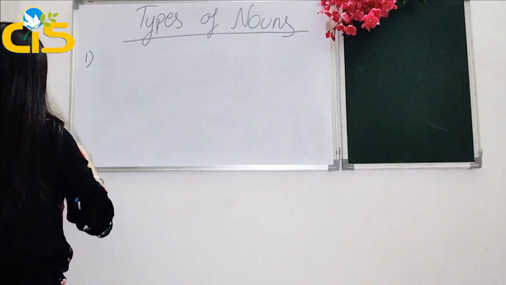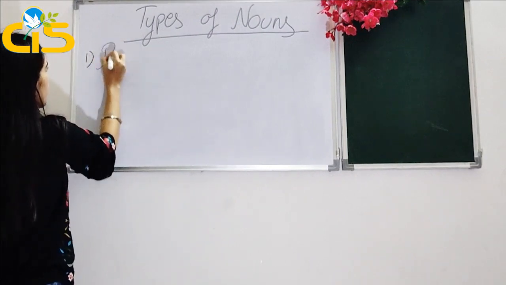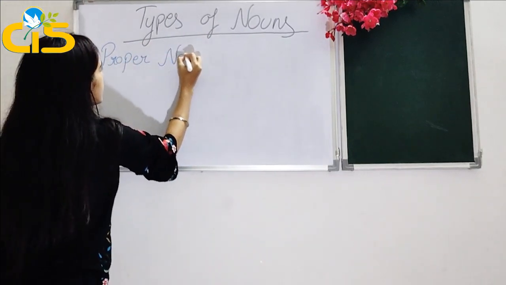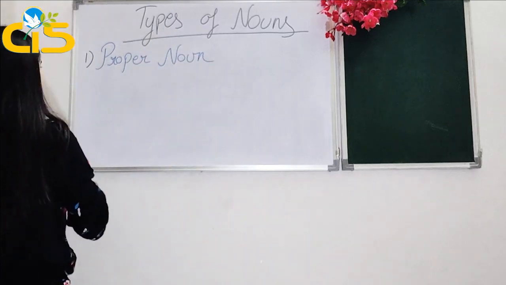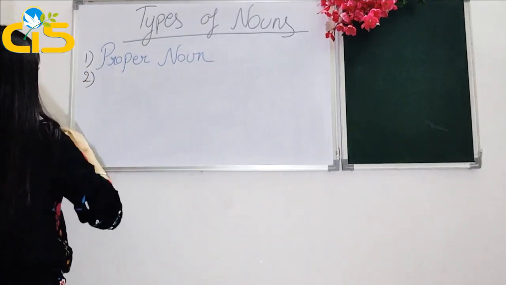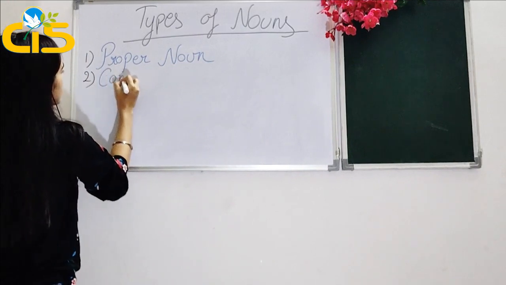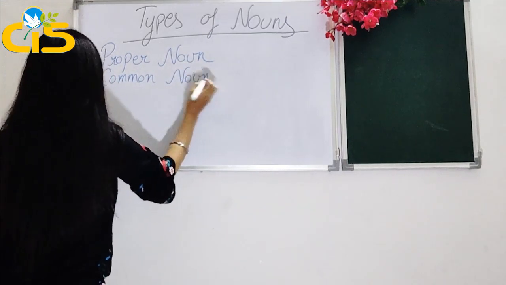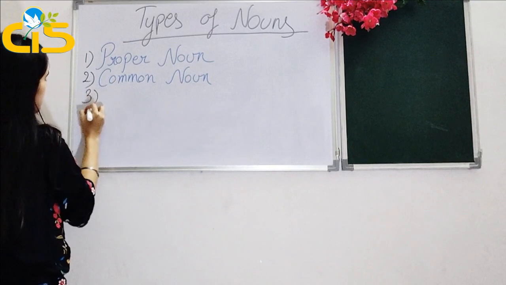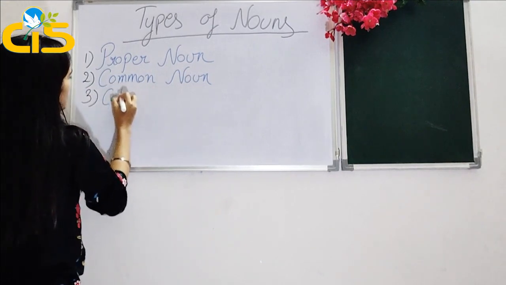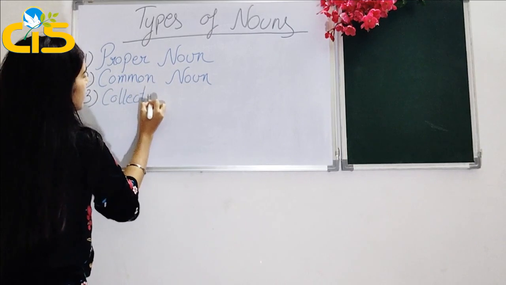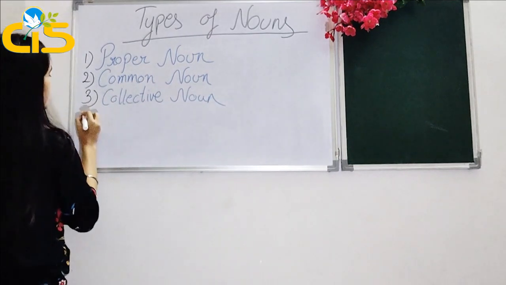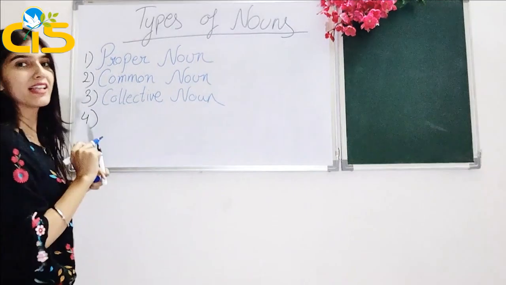So, the first one that we have is proper noun. Now, the second one that we have is common noun. Third is collective noun. Fourth is material noun.